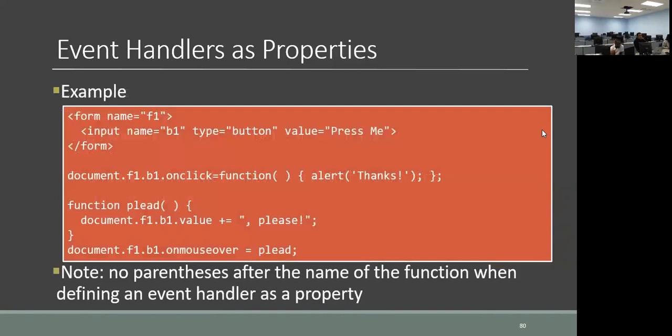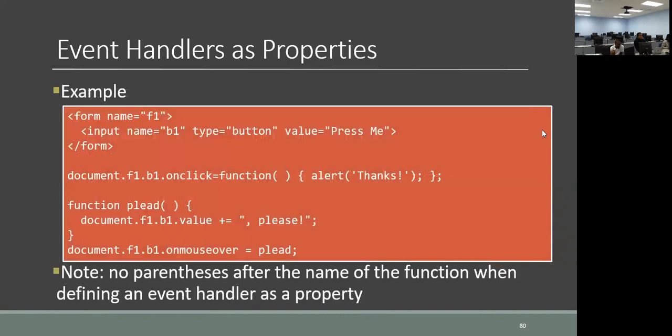You're actually creating an anonymous function, as we talked about in a previous example. Now you see the functionality is the same. It says alert thanks, right? So the way this is written here is equivalent to what we did when we just said onClick equals open double quotes alert thanks.